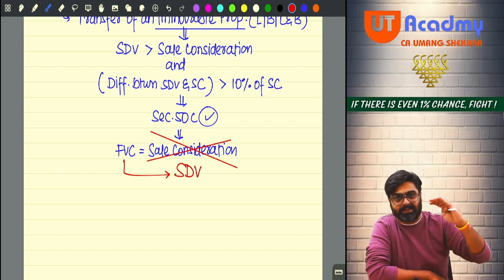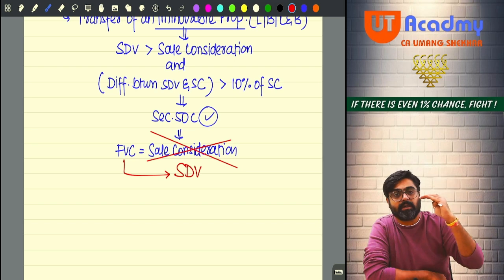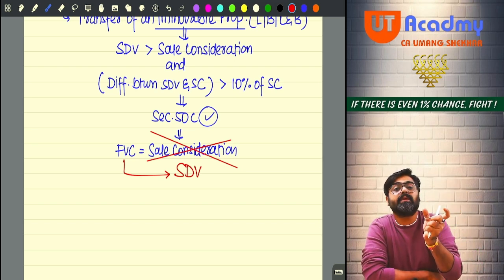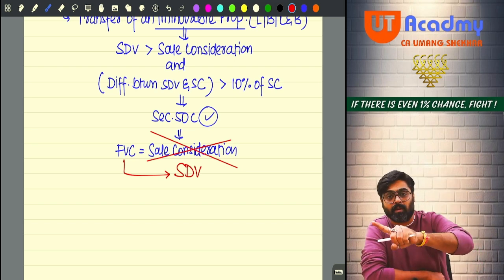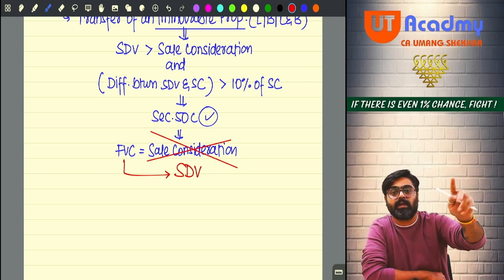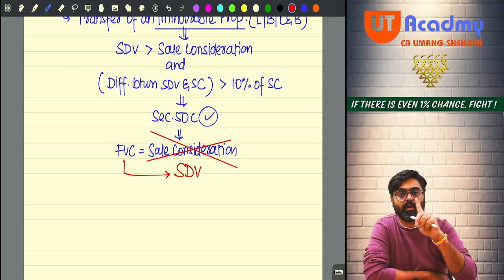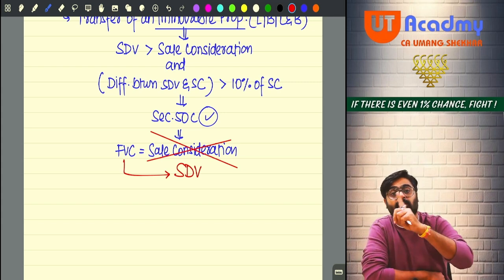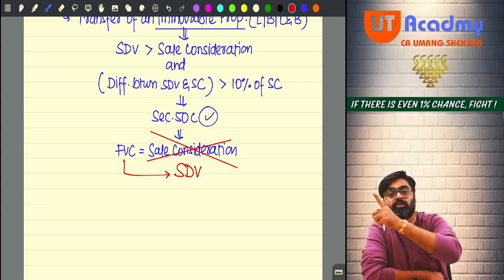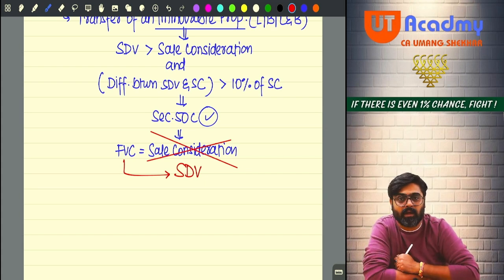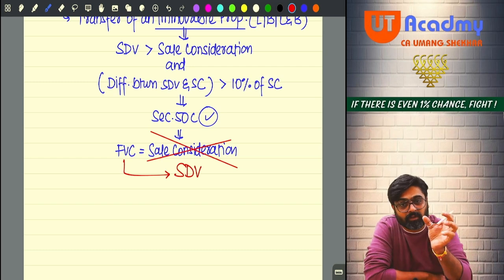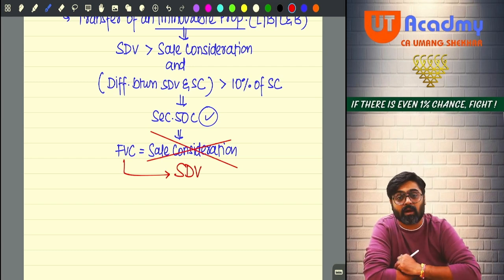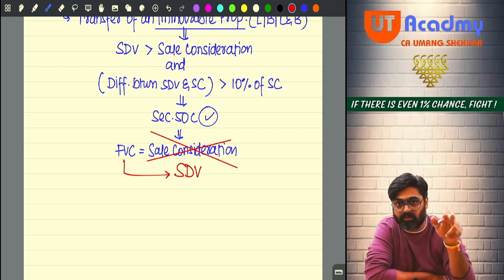According to the state government and the registrar, this must be the minimum value of your property when you are selling it. If you are selling below this value, we will not take the stamp duty on the lower value shown in your sale agreement. Rather, we will charge the stamp duty on this minimum value which we have determined. According to us, your property cannot be sold below this value.